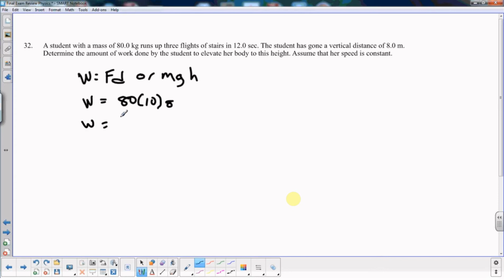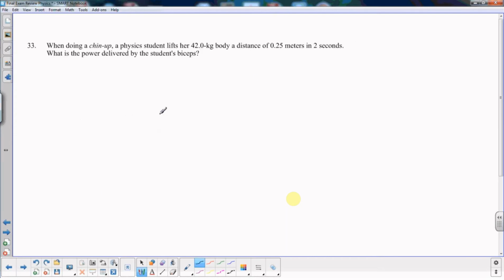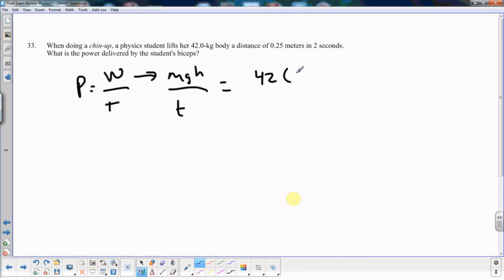Note, we don't use that time because time is power. We're doing chin-ups. We lift 0.25 meters in 2 seconds. What's the power? Power is work over time. Work is mgh in this instance over time, which is 42 times 0.25 times 10 for G over 2.